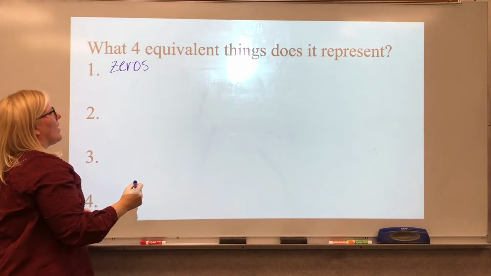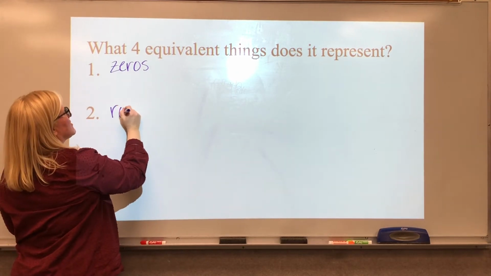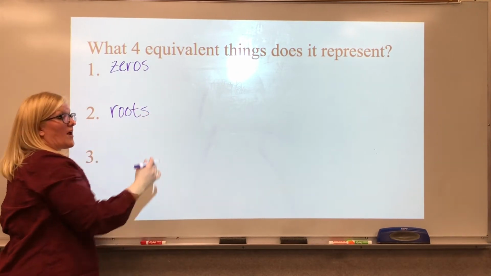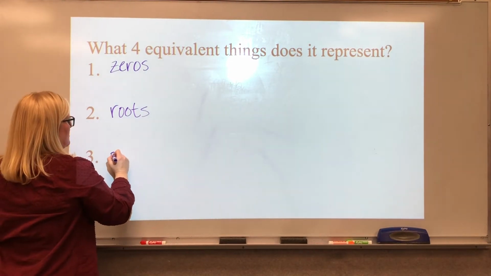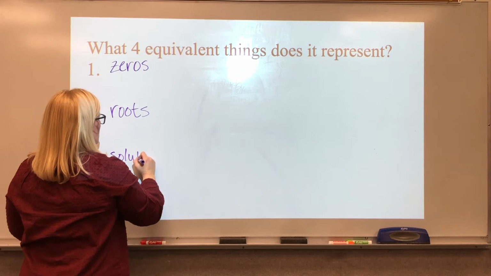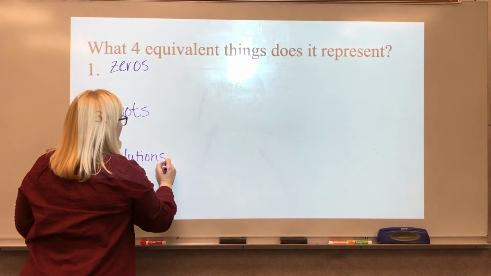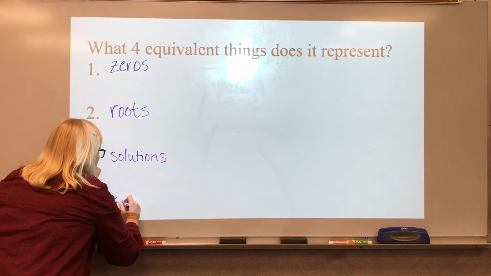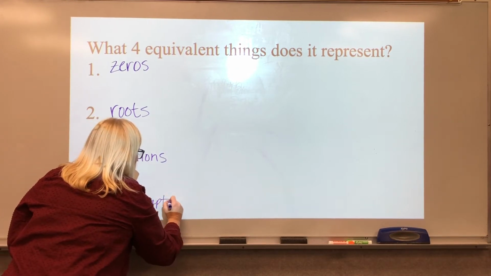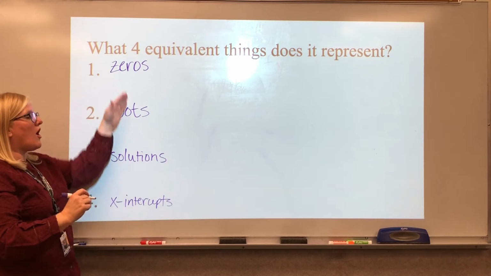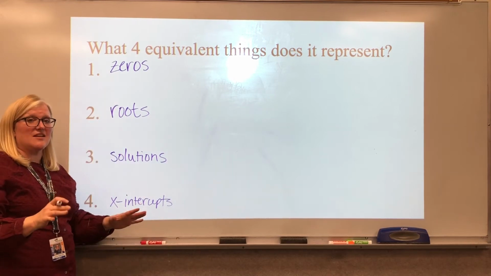We also have the roots. That's the whole purpose of that picture of the tree, right? We've got roots. We've also got the solutions of the polynomial and the x-intercepts. Okay, so all four of these things mean exactly the same thing.